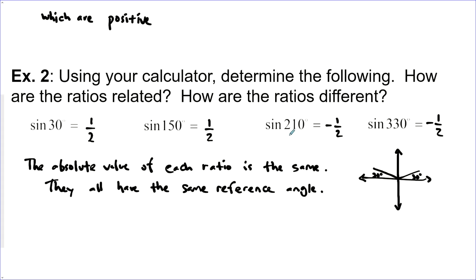Next one is 210, so that's 180 plus 30 degrees. And last one, 360 minus 30 is 330. So they all have the same reference angle. It's just some are positive and some are negative. But they're all using the same triangle, and so that's why all the ratios are going to be the same.